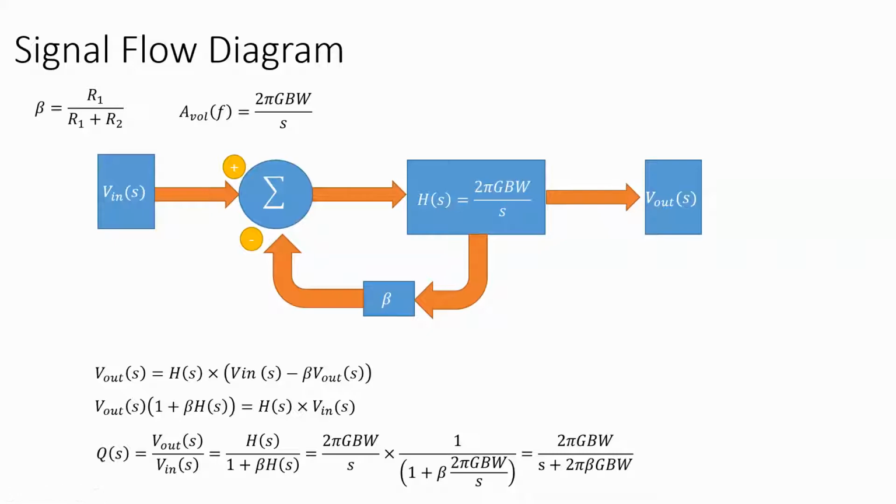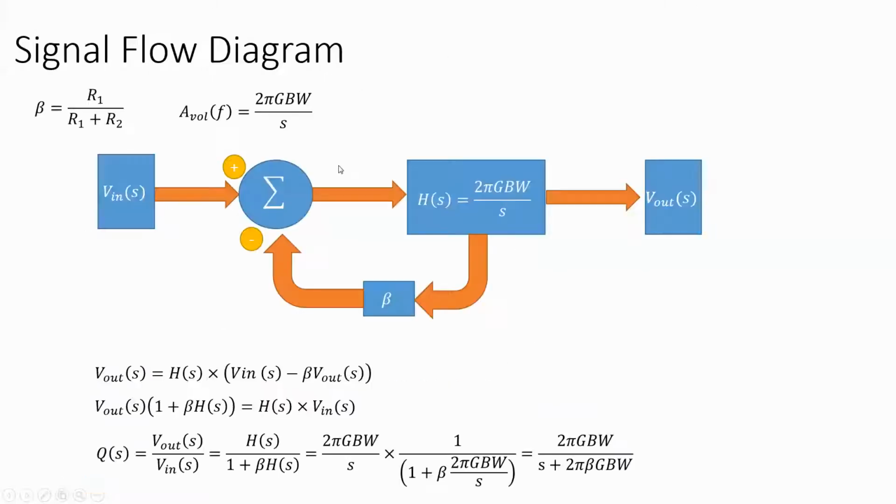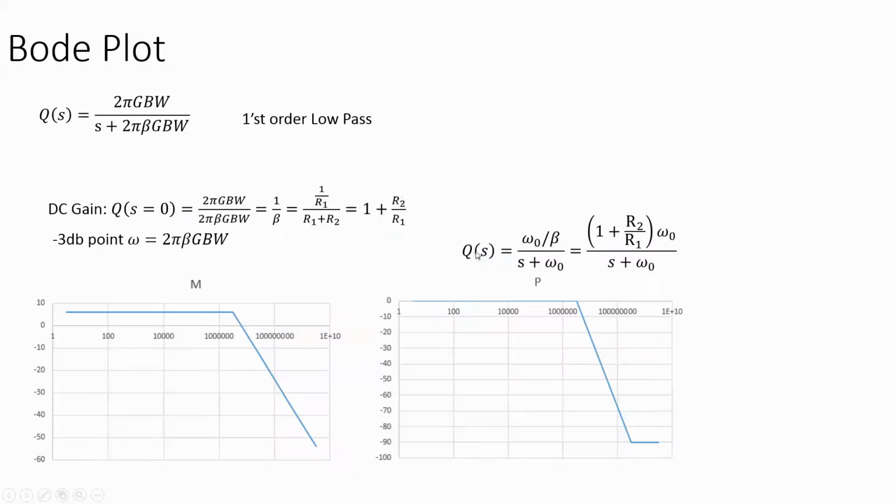So let's come up with an equation for this using the signal flow diagram. You can use nodal analysis and you'll get the same answer, but if I take this circuit and say what's fed back here is a voltage division from out of the non-inverting, it'll make things a lot easier.